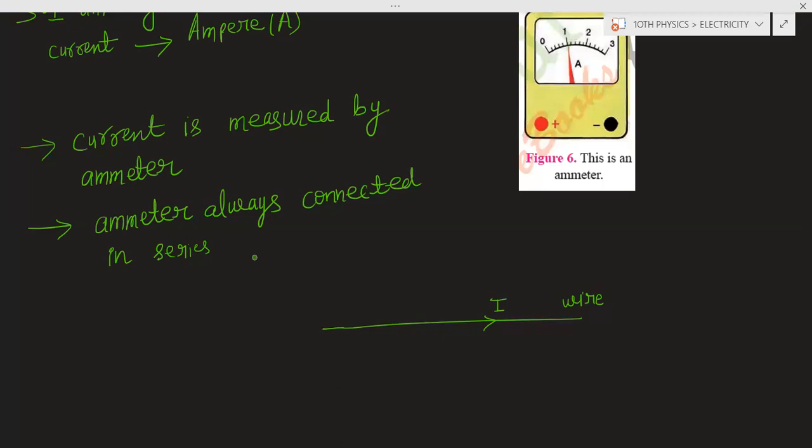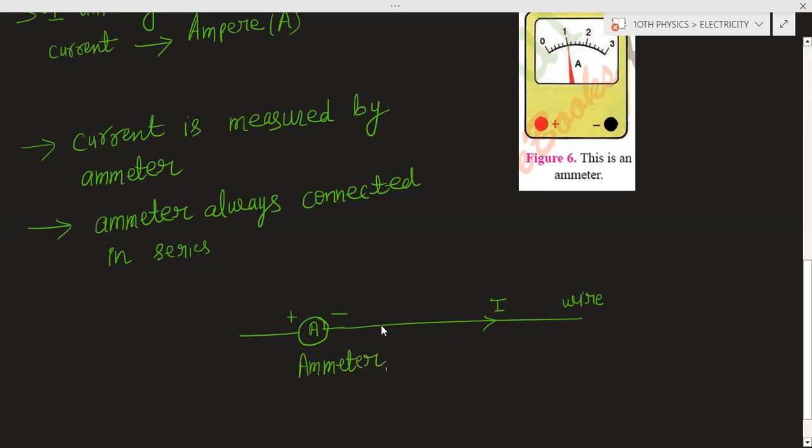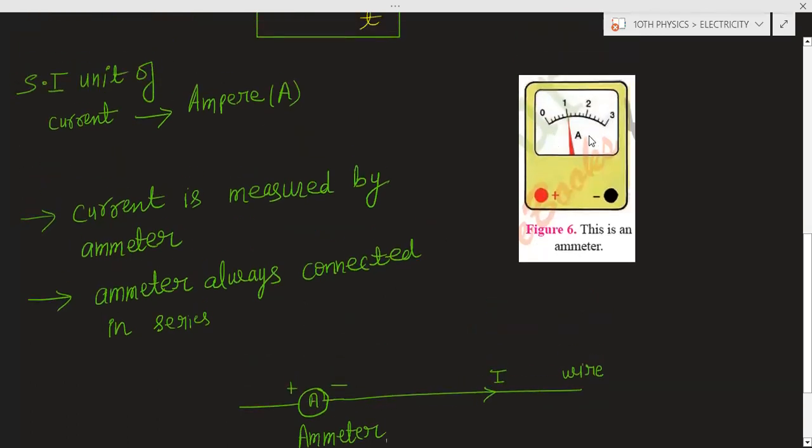Suppose this is the ammeter, and you have connected it in series with this wire, and the reading of the ammeter will tell you the value of the current. Suppose you will get 5 ampere or 6 ampere here.